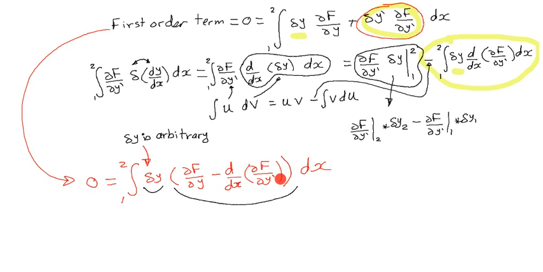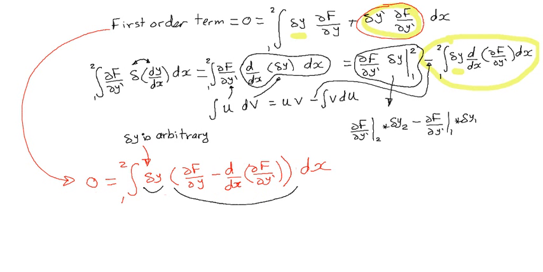But this does not solve our riddle, because we need the integral to always be 0. So to find a sufficient condition for this integrand to be 0, you cannot impose your condition on delta y, because it's arbitrary. You cannot fix it. You have to impose your condition on this term.